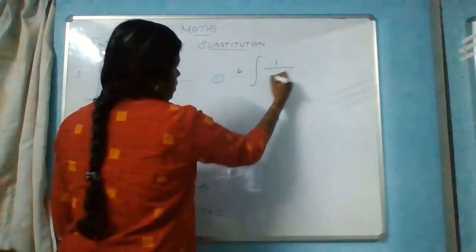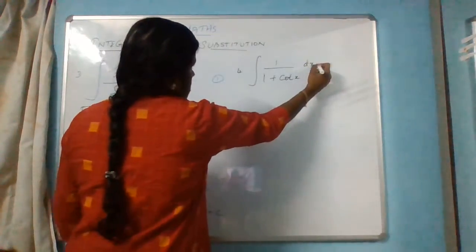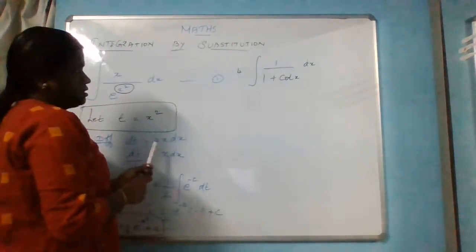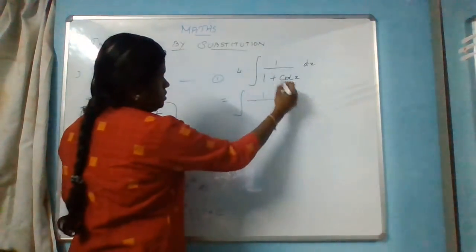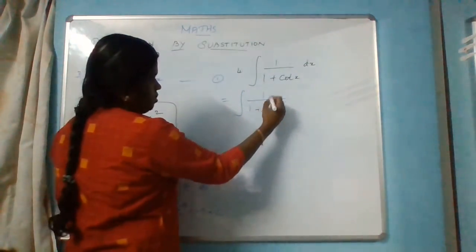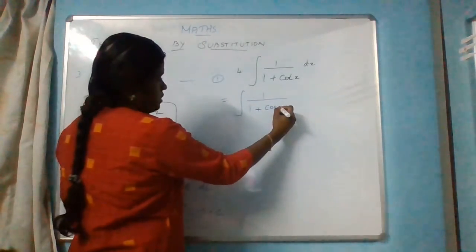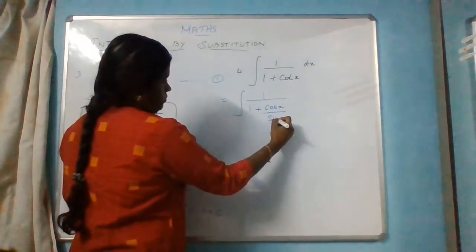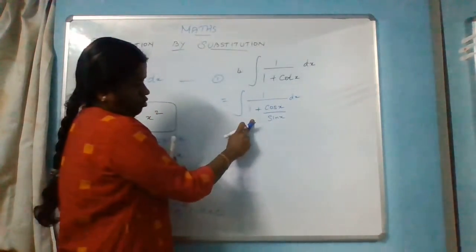Integral of 1 by 1 plus cot x dx. So the given problem is like this. How can I simplify this? First, I write cot x as cos x by sin x into dx. Now take the LCM in the denominator.